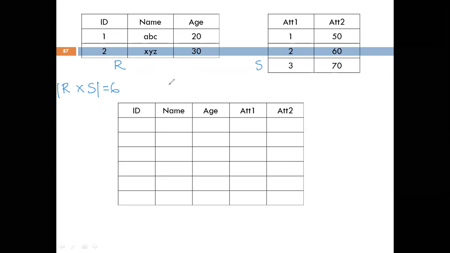For example, it is indicated like this: R, this is the join symbol, and the join condition is id is equal to att1 of S. So if we use this, then we will have only two entries. One will get joined with 1, then 2 will get joined with 2. That's it.